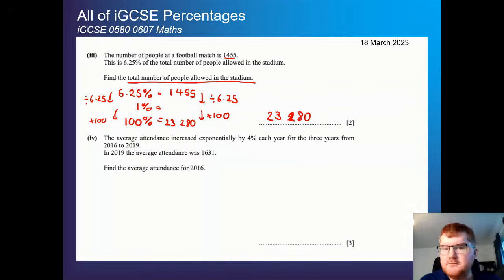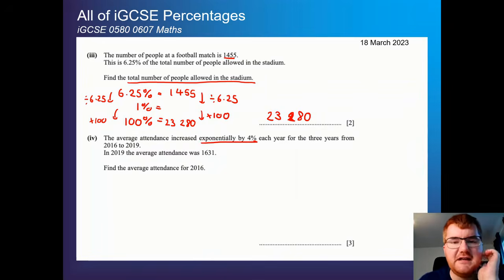And our very last question here, so the average attendance increased exponentially by 4%, again exponentially keyword, for the 3 years from 2016 to 2019. And in 2019, the average attendance was 1,631.